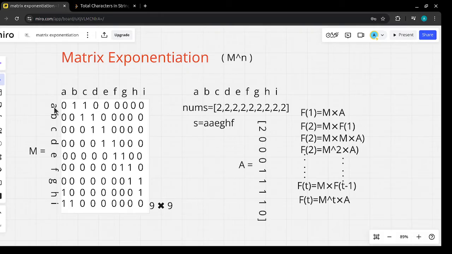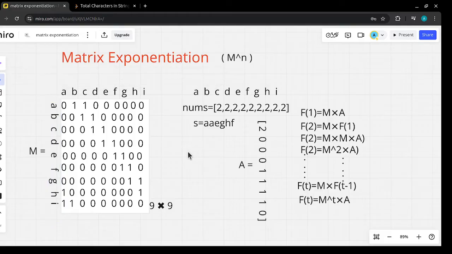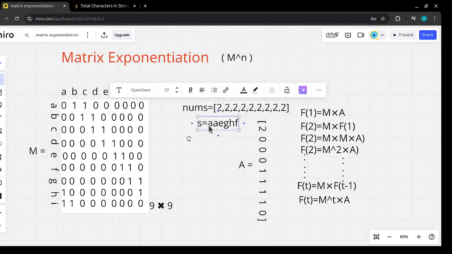After one transformation, how many times a will be present is given by the multiplication of the 0th row of the matrix and this vector. If we multiply this, we get 0 plus 0 is 0, so no a is obtained after one transformation.